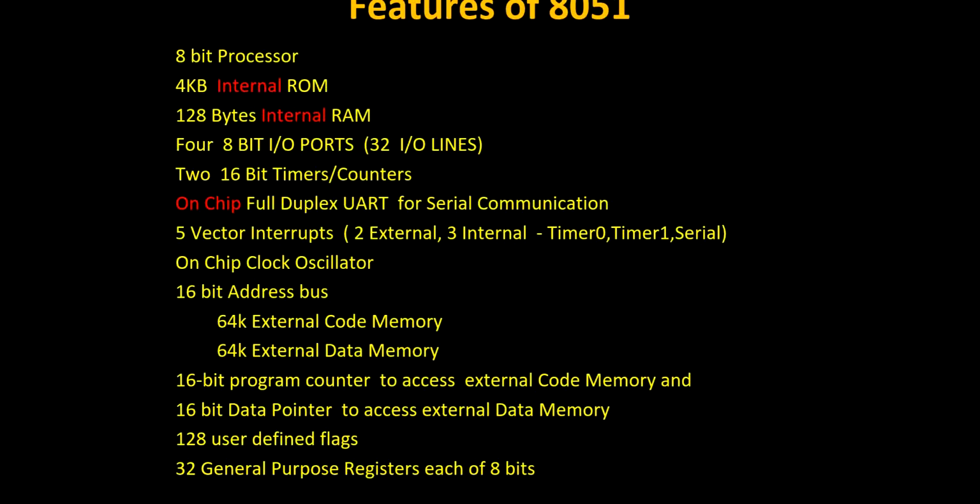It's an 8-bit processor, as we know, and it has internal memory and external memory. The internal memory is divided into ROM and RAM. It has 4 kilobytes of internal ROM, as well as 128 bytes of internal RAM. Remember, 8051 has 4 kilobytes of ROM and 128 bytes of RAM.